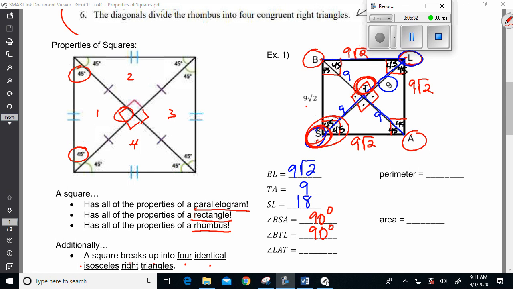Angle LAT is talking about that sliver of an angle right there, and that's 45 degrees. For a square, it's pretty straightforward as far as the angles go. It's either a 45 degree or a 90 degree angle. You're really just working with those two numbers.